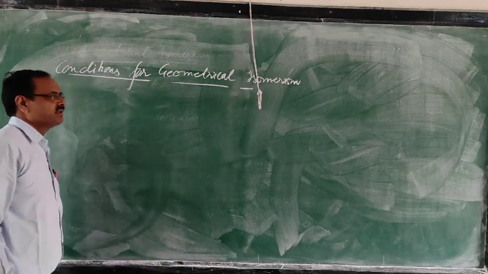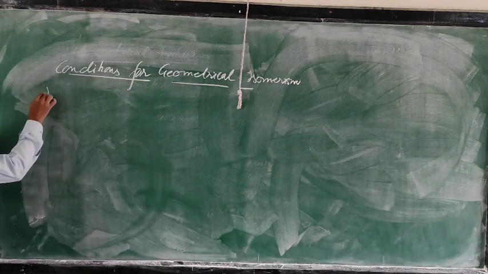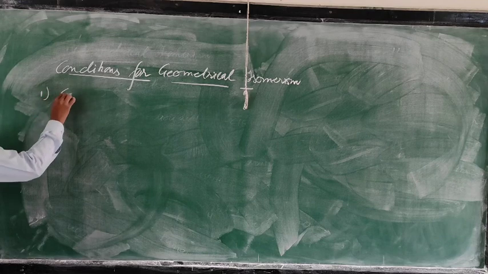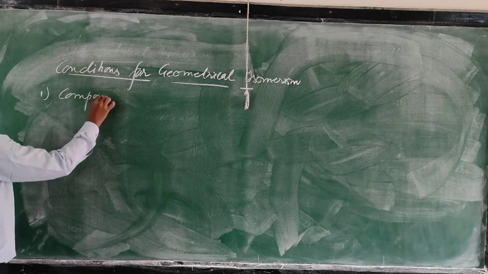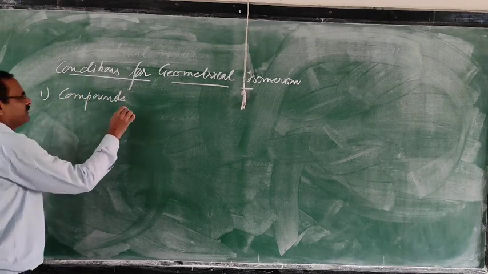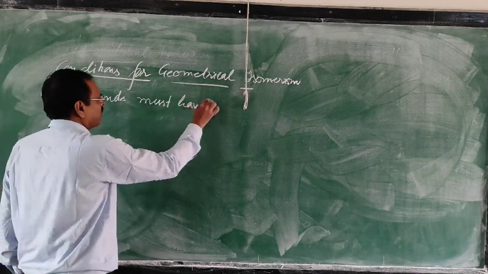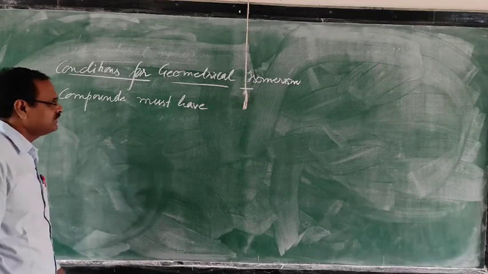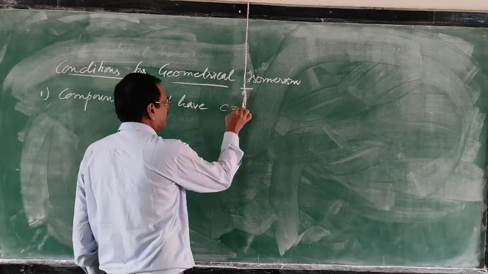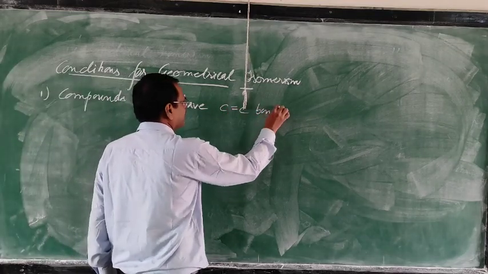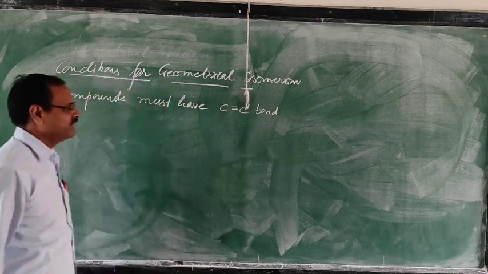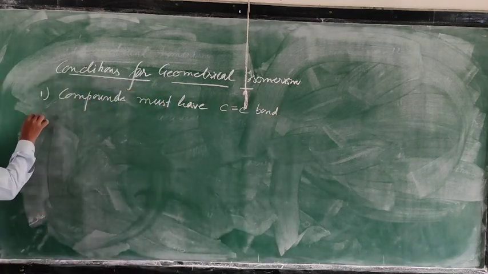So the first one, that the compound must have a carbon-carbon double bond. This is a necessary condition. Then only geometrical isomerism is possible.